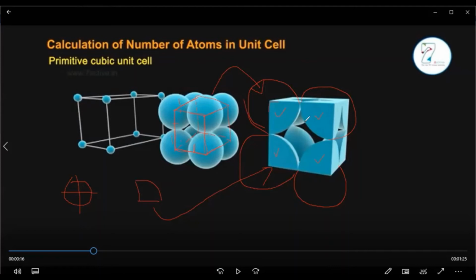So this idea is for those who still face difficulty in understanding this. Now I need to find in the unit cube how much percentage is actually occupied with the atom and how much percentage is empty void. So we only concentrate on this region.